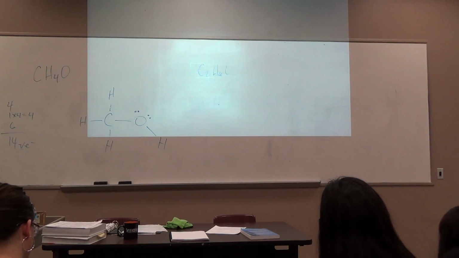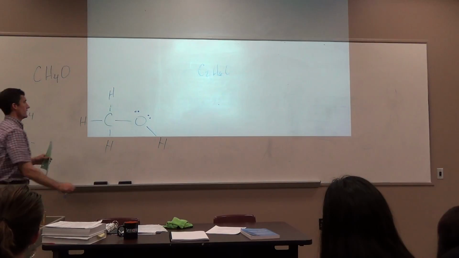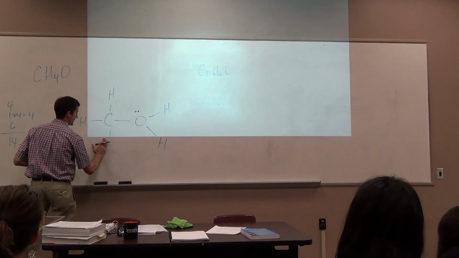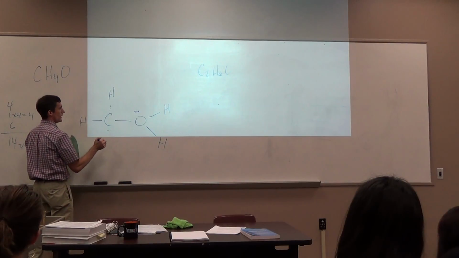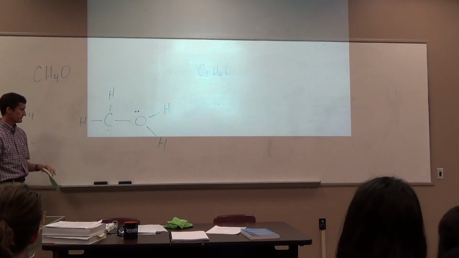Question? On the previous example, why can't you switch the lone pairs to the carbon and then replace the lone pairs? 2, 4, 6, 8, 10, 12, 14. Okay, like that.